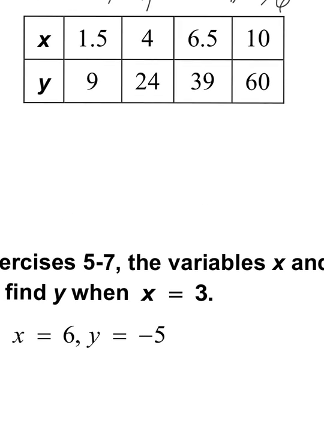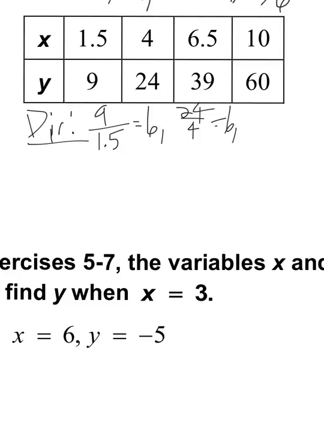Number 3, we have 1.5 and 9. I like to start testing direct first. If it's direct, we'll divide them. 9 divided by 1.5 equals 6. 24 divided by 4 gives us 6. 39 over 6.5 gives you 6.